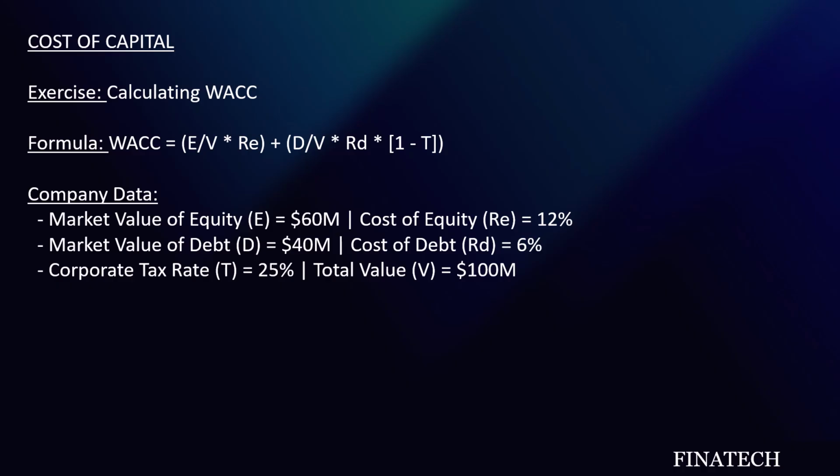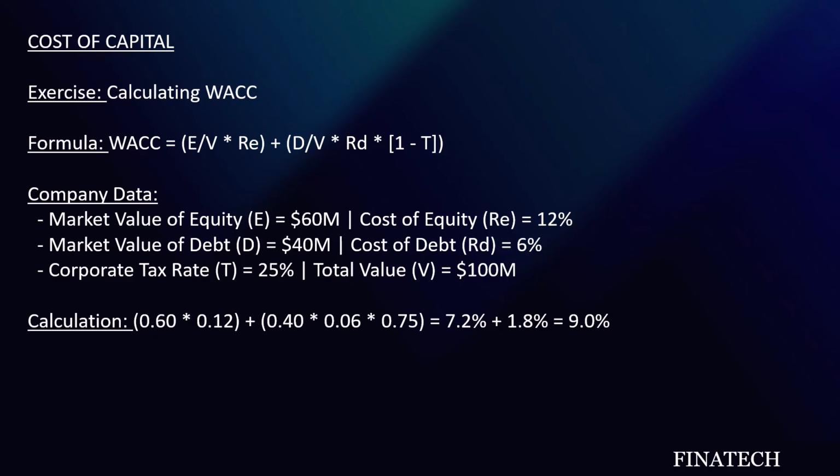Company data: market value of equity $60 million, cost of equity 12%, market value of debt $40 million, and cost of debt is 6%. Corporate tax rate 25%. Total value is 100 million.